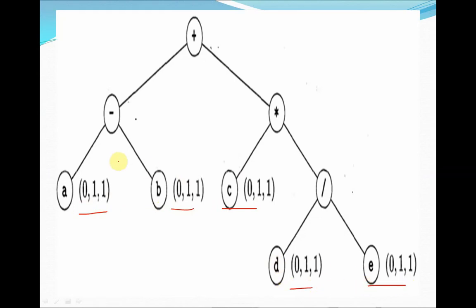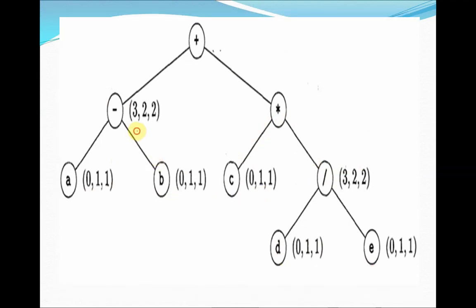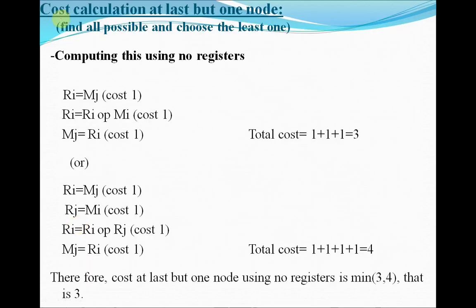After this, we have to extend this logic to compute the cost vector of the interior node that resides one level up from the leaf node. Like this I have to compute. You will see the cost calculation at the leaf-but-one node.